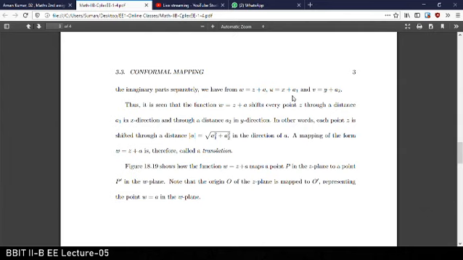multiplying, magnification, not shifting, something like looking through a lens. A small object will be either bigger or smaller. That will be a magnification. And third is rotation. Instead of just shifting, you can rotate something.